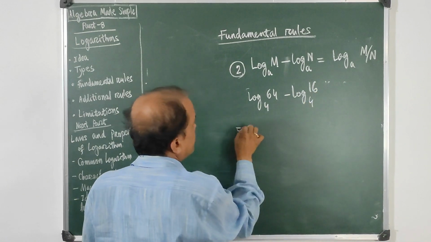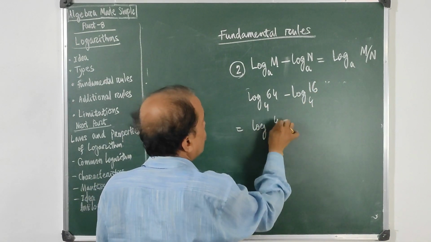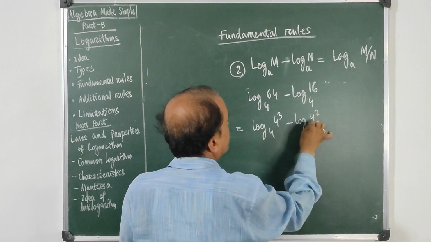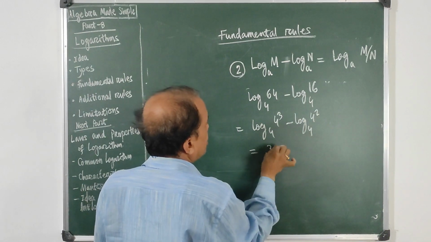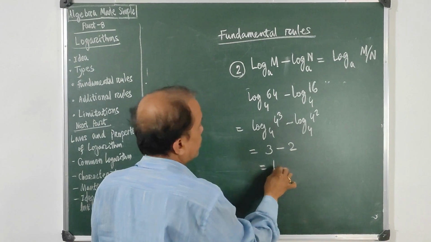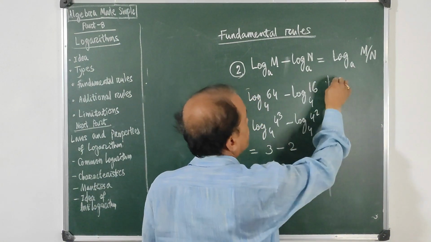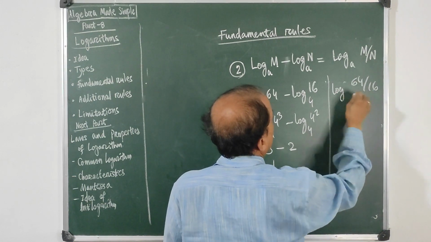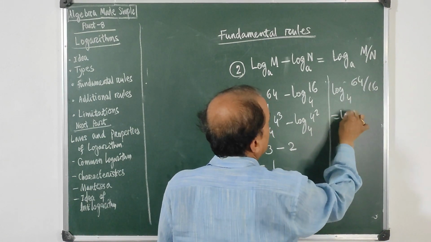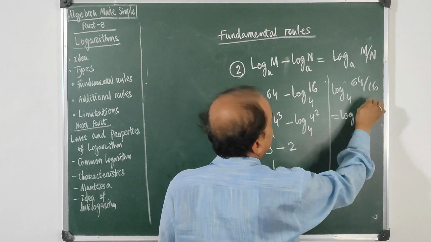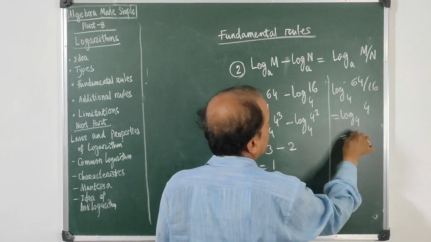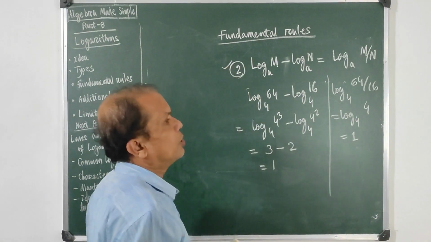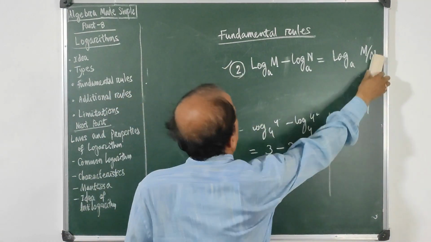How much is this? Log 4 cube to the base 4 minus log 4 square to the base 4. This is 3 minus 2, which is 1. And here you see log 64 upon 16 to the base 4 is log 4 to the base 4, which is also 1. So LHS is RHS, that means this is true. Now let us go for the third rule.